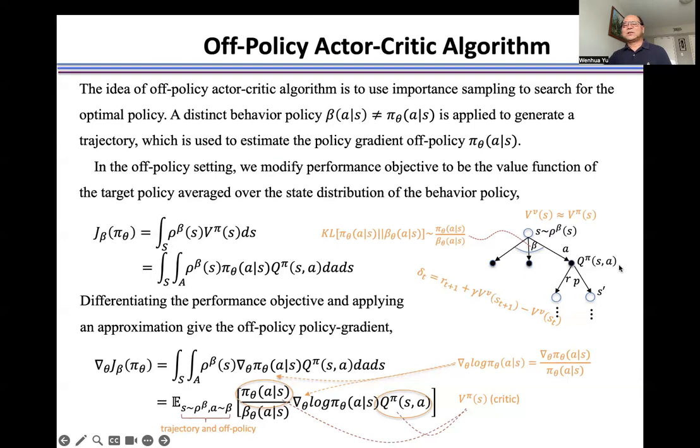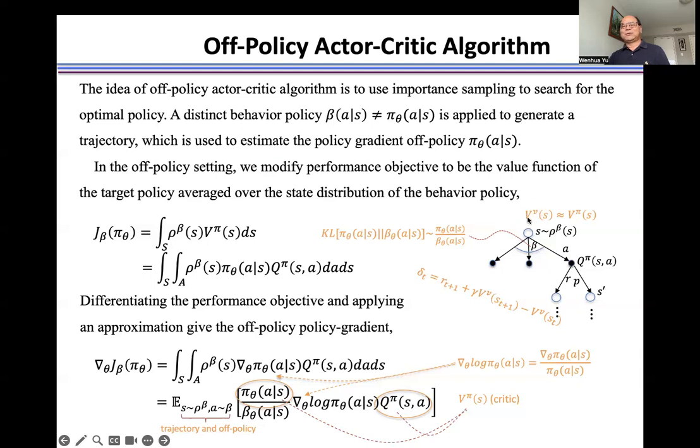Since Q is unknown, we cannot use it as the critic, but we know the true value function, no matter how we select this action A.